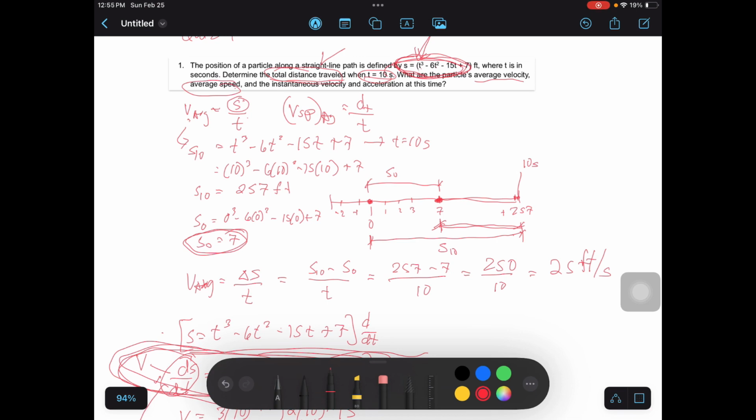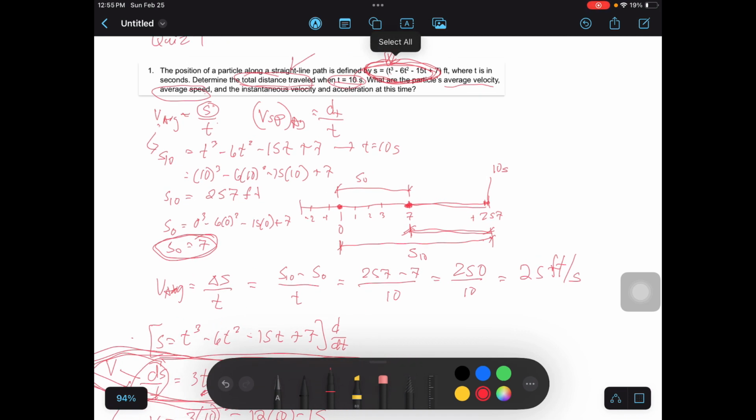Another way is to mag-summation ka or i-integrate mo, pero naka-absolute value. Another way is pwede mo i-evaluate itong function ng position. Factoring. Pag nag-factoring ka, may makukuha kang mga time values. Pero dapat alam mo i-interpret anong ibig sabihin ng mga time values na yun.